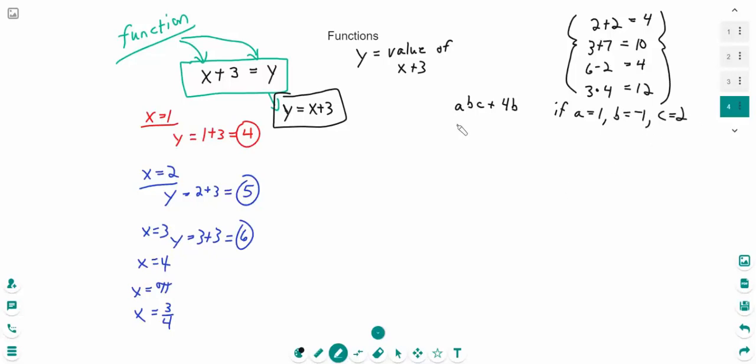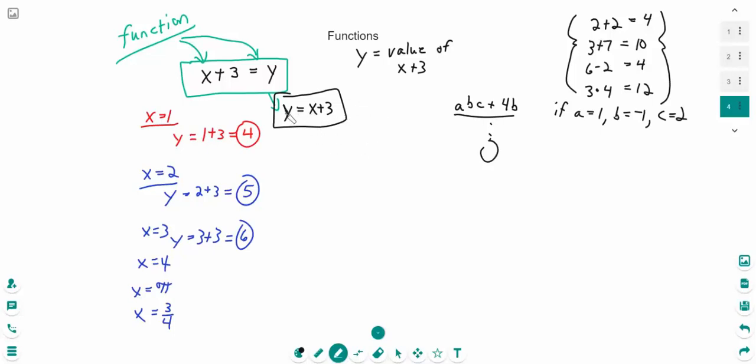You would plug these in, get your value for this expression, and that would be your answer. You've done these many, many times at this point. That's actually all we're going to be doing here too, just in a different notation.